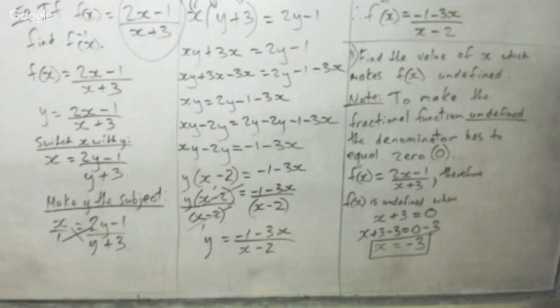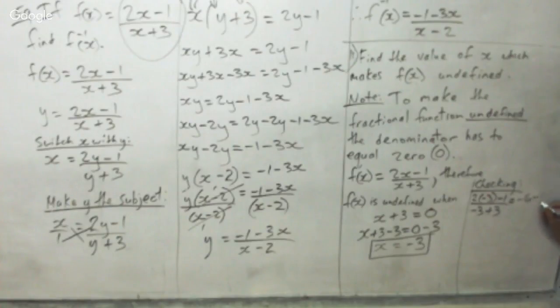Undefined. Do you want us to check it? Let's check it. Checking is not necessarily part of the answer. So if x is negative 3, the function is 2 times negative 3 minus 1 over negative 3 plus 3. 2 times negative 3 is negative 6.